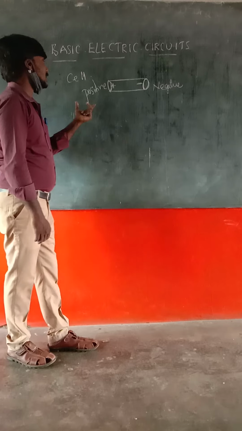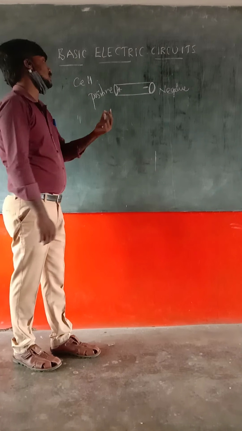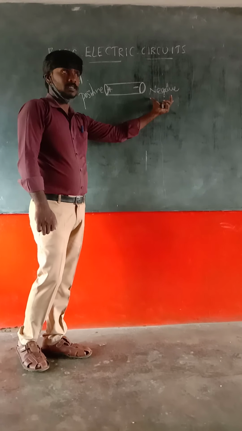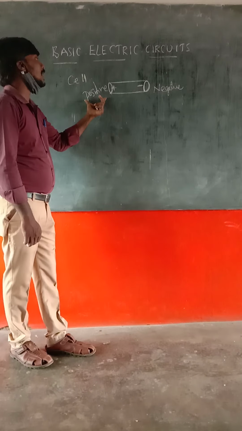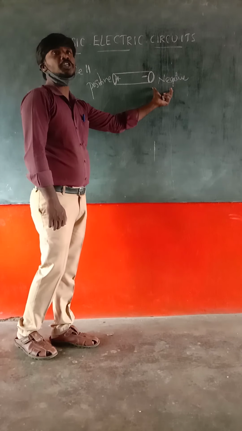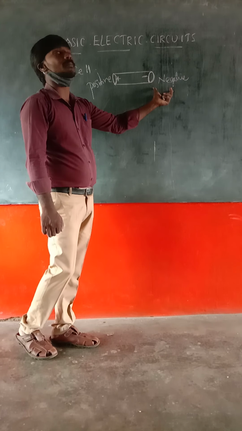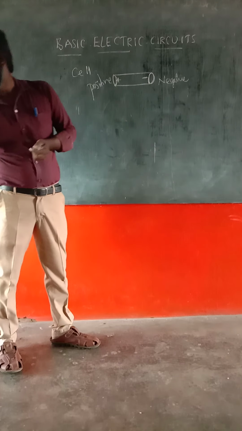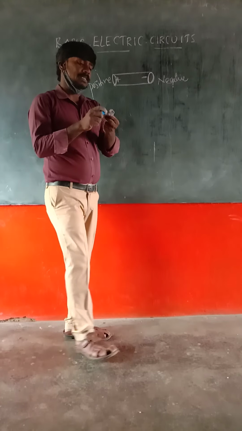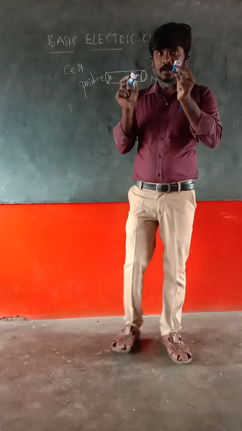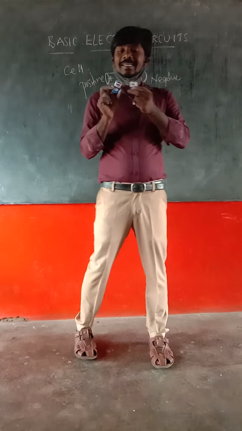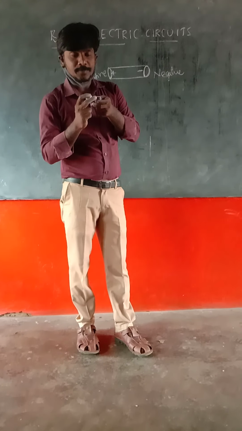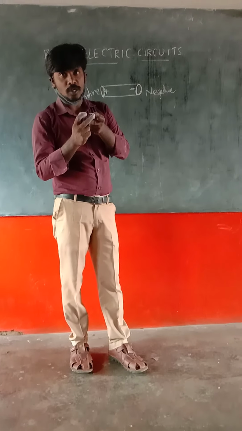So the cell mainly has two types of terminals, one positive terminal and the second one negative terminal.